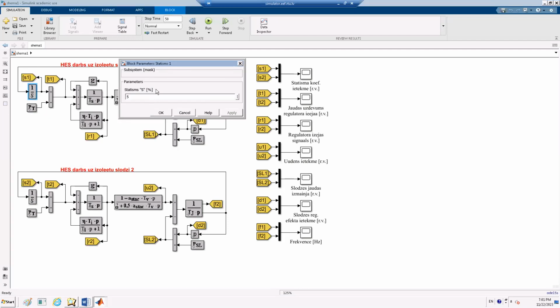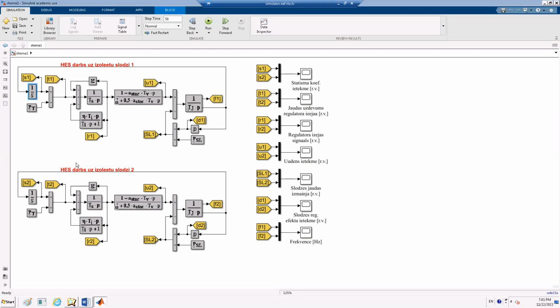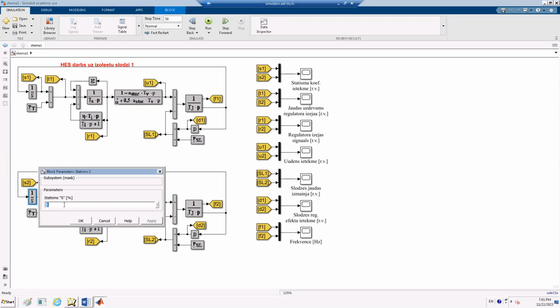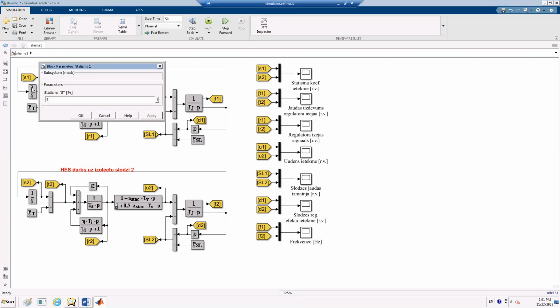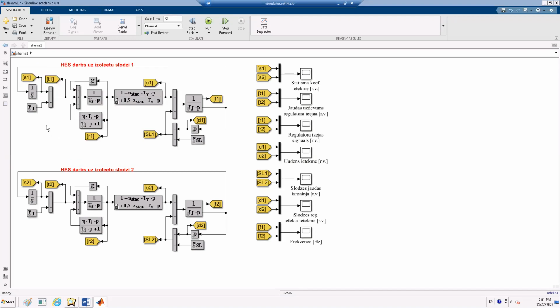You could put it in percent, and it is here. As I said, it is about 3 to 7%, for different types of generators. So here we could see it's 5. And for example, for our first test, let's make this different. Okay, let's make here 7, and let's make here 3. Okay, so now we see that we have a reserve of power.